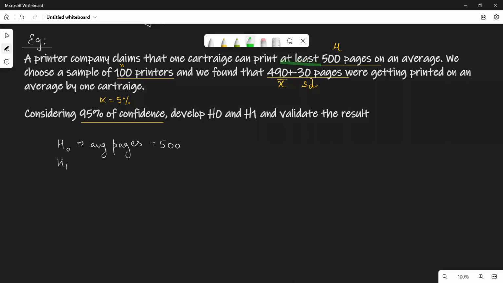Because it's a company that is claiming, no? So what they're claiming, at least, is it less than or equal to? Yes, correct. Now it's right. Sorry, I missed that part.